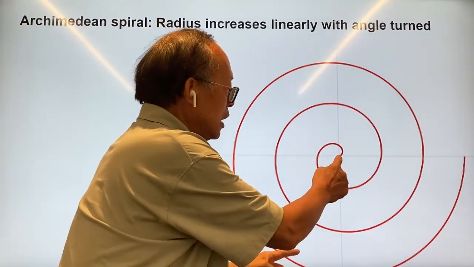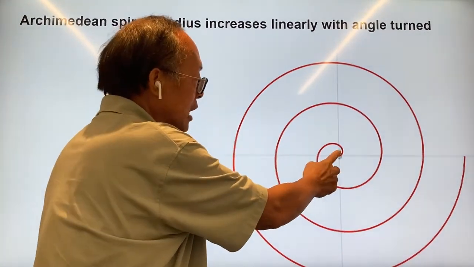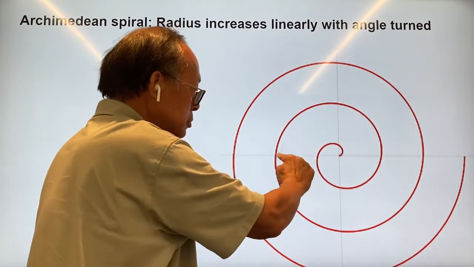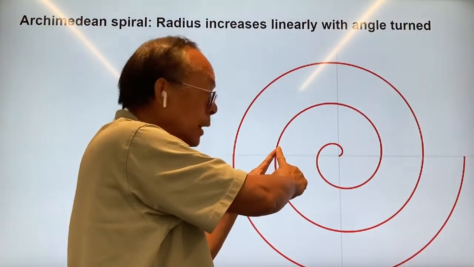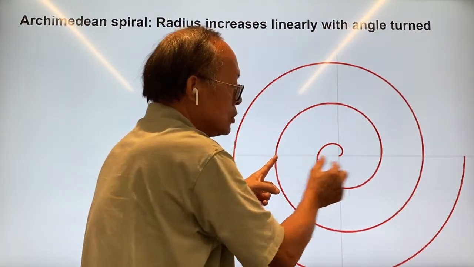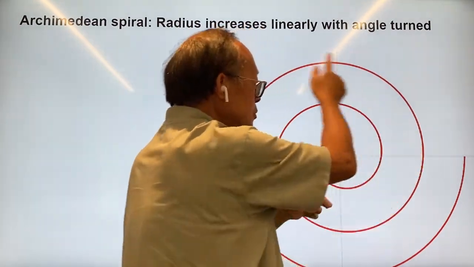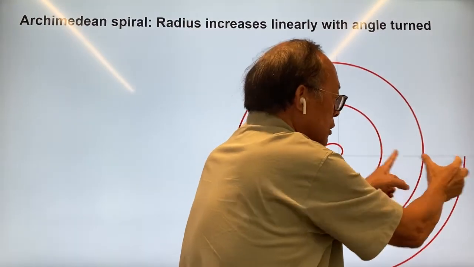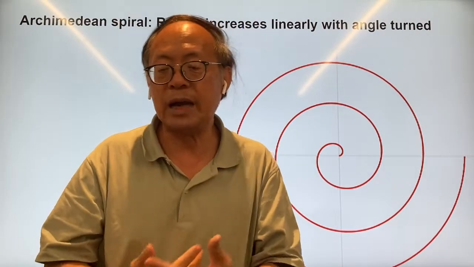So when theta is equal to 0, r is equal to 0 at the beginning, and as you turn more and more, the radius becomes larger. As you turn an angle of pi, and then 2 pi, it practically doubles. So every time you turn an angle of pi radians, the radius increases by the same amount. That's called the Archimedes spiral.